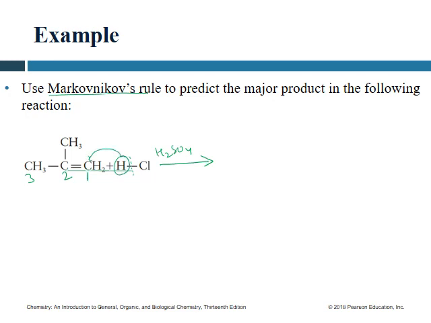Carbon number 1, because it has 2 hydrogen, whereas carbon number 2 of the double bond doesn't have any hydrogen, so the chlorine will go to the second carbon, and then you're gonna make CH3, CH, CH3, CH2, and then you're gonna make Cl over here and H over here according to the Markovnikov rule. So make sure you practice this type of problem. This is very important.